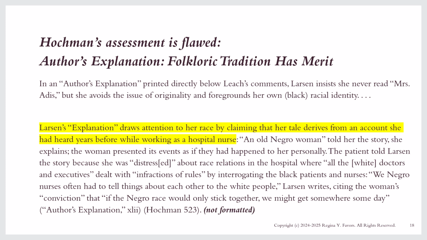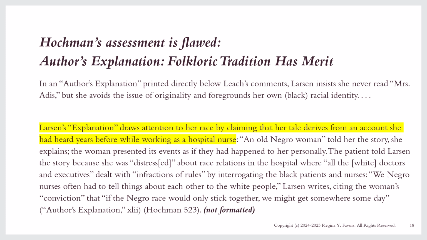So Larsen's explanation draws attention to her race by claiming that her tale derives from an account she had heard years before while working as a hospital nurse. An old Negro woman told her the story, she explains. The woman presented its events as if they had happened to her personally.